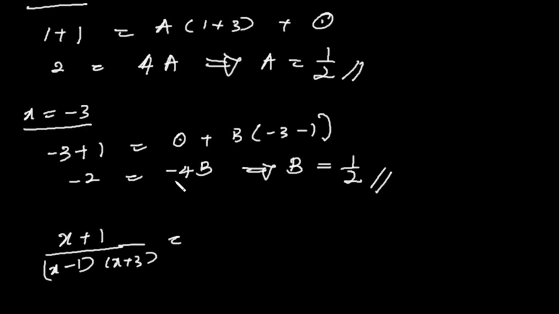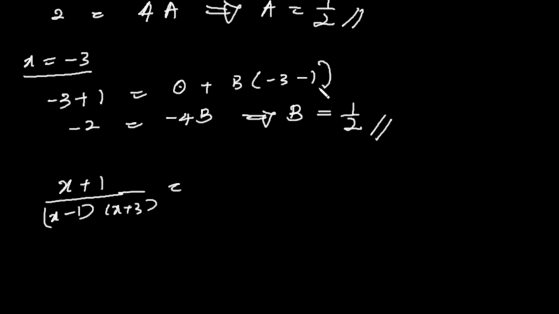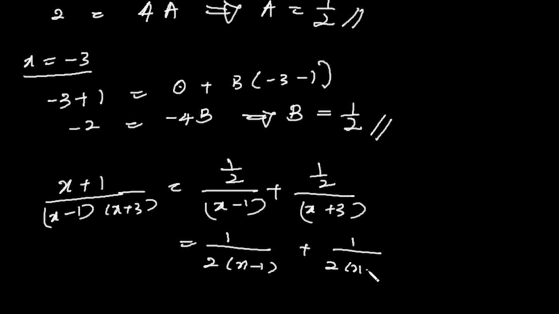Now you can substitute: a means half, half over x minus 1, plus b means half also, over x plus 3. This one you can write like this: 1 over 2 times x minus 1, plus 1 over 2 times x plus 3. Okay, this is our final solution.